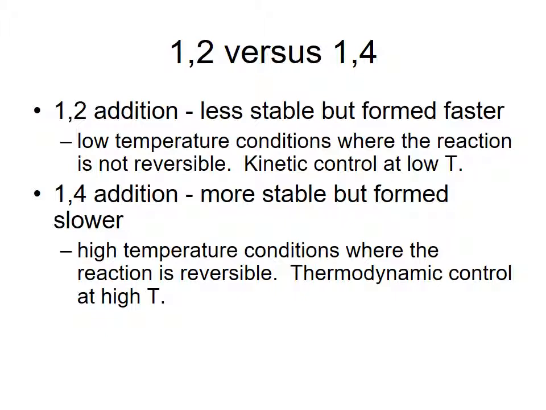So if you have high temperature conditions, you make the reaction reversible, and initially the 1,2 product is formed, but its addition reverses, and the more stable product will start accumulating, because you have reversal, and as soon as you form a 1,4, it's not going to reverse anymore. It's going to stay, because it's such a huge transition state jump. So we have thermodynamic control at high temperatures. This is what we remember when we have a reversible reaction: we get kinetic control at low temperatures and thermodynamic control at high temperatures.